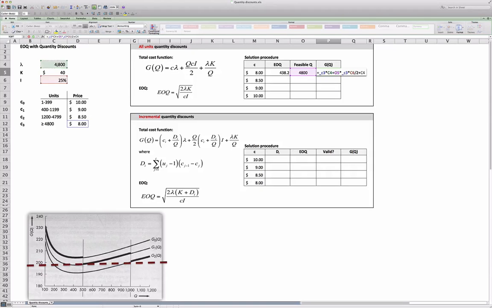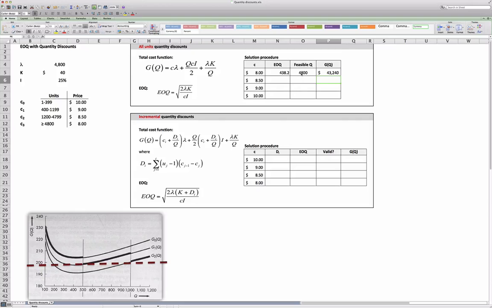So we have to take the acquisition cost or purchase cost into consideration here. In this case, my acquisition cost will simply be the unit cost of $8 multiplied with the total annual demand of 4,800. And now we add to that our average inventory, which is 4,800 divided by 2, multiplied by the cost of holding 1 unit of inventory for 1 year.